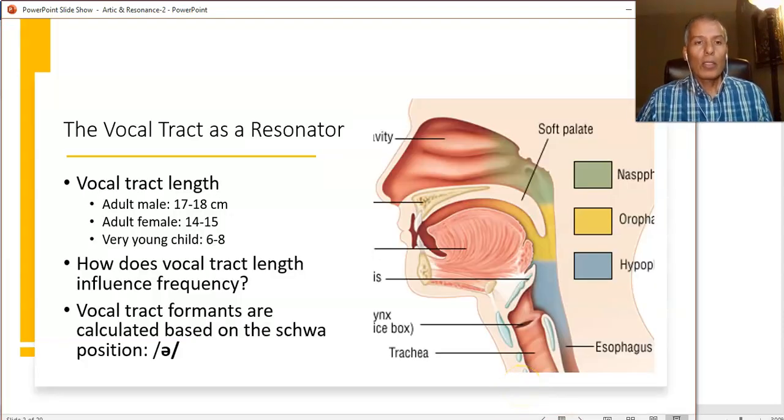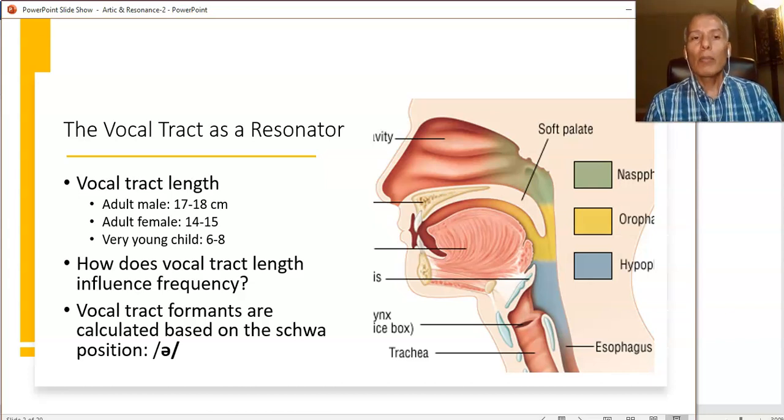First, recall that resonance of a tube depends on the configuration of the tube, and also, for example, the length, the symmetry, and so on. So this is why it's important to know the lengths of vocal tracts for different ages.